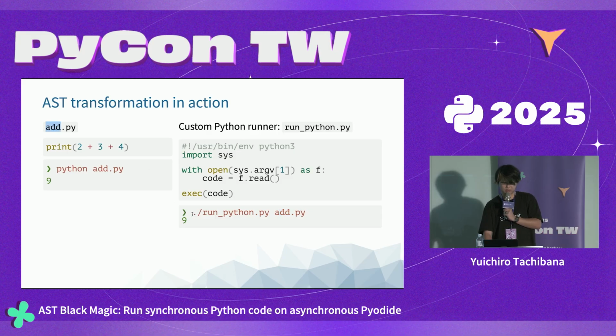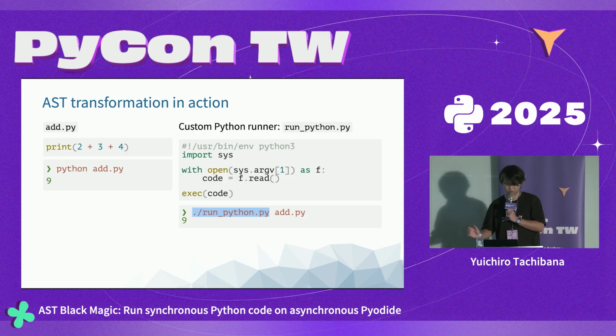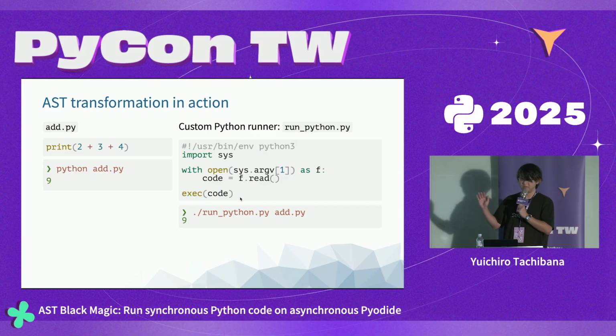As you can see, this script runner works in a very similar way to the normal usual python command. What this script does is very simple. It reads the given file, in this case add.py, and executes its content with the built-in exec function. It's a very trivial example.